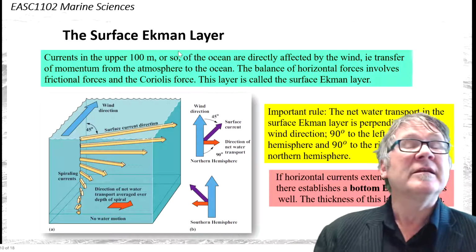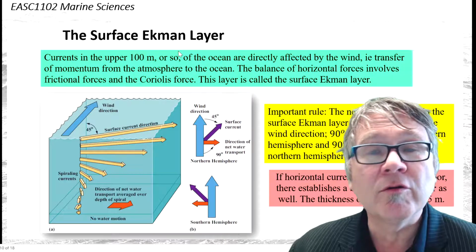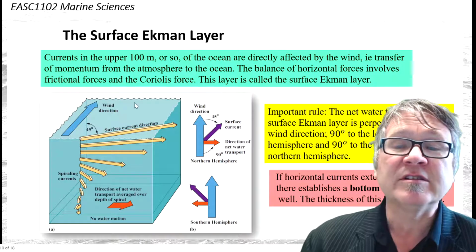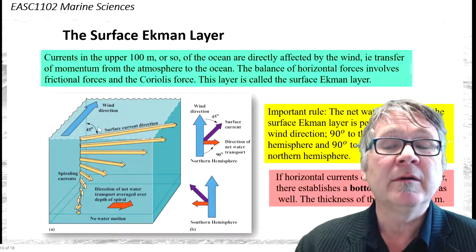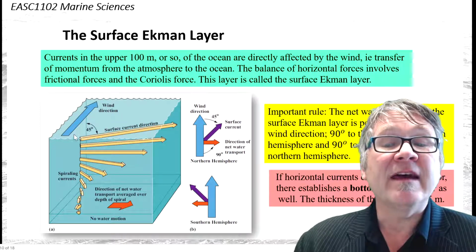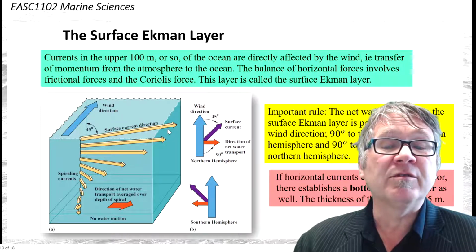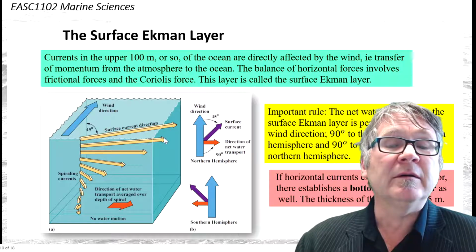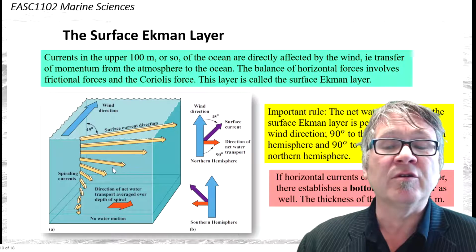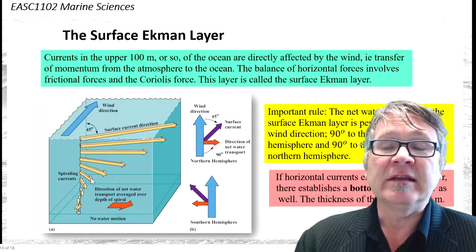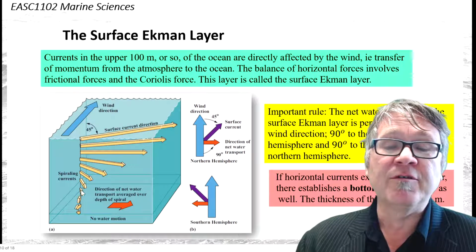So under the influence of friction and the Coriolis force, you get currents where the surface currents are deflected 45 degrees to the right. And then the current veers to the right as you go deeper, and the speed decreases, so these arrows get shorter and shorter. At some depth, there's even a reversal of the flow.